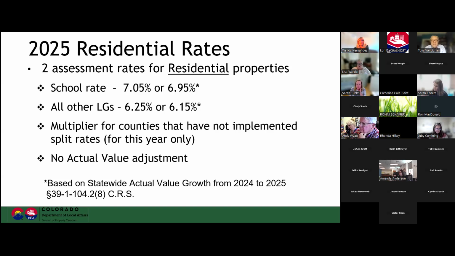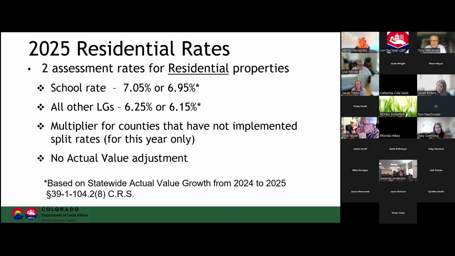That little asterisk, as we already talked about briefly, indicates there is a possibility that if the growth rate between 24 and 25 of actual value of all property goes up by more than 5%, then the rates are going to drop down by 1/10.